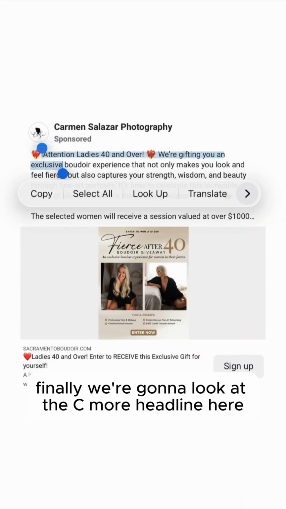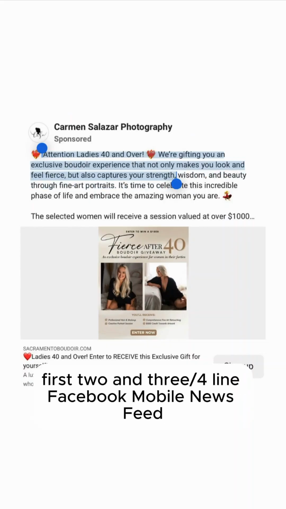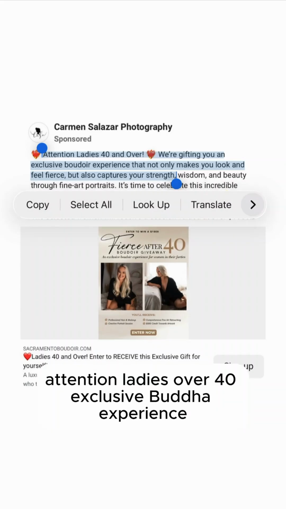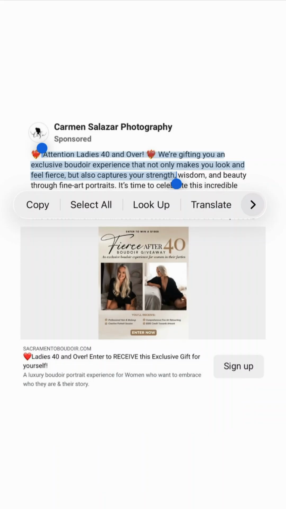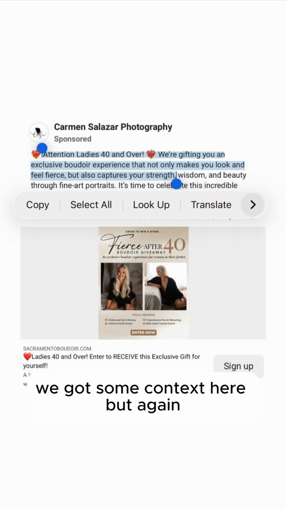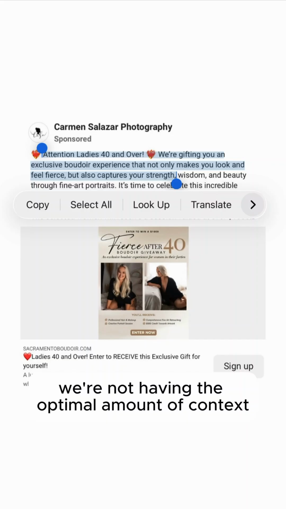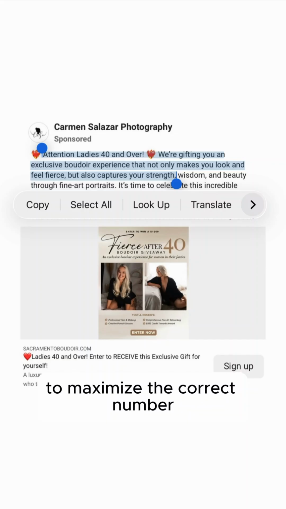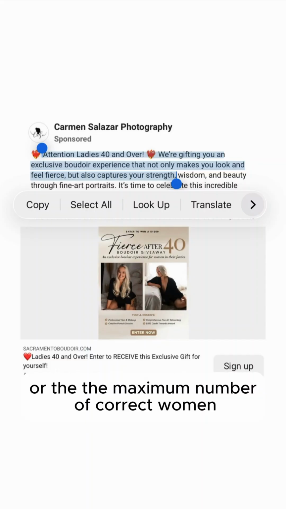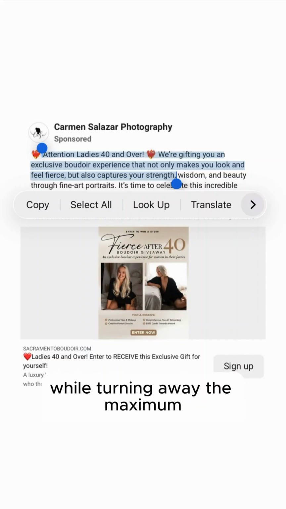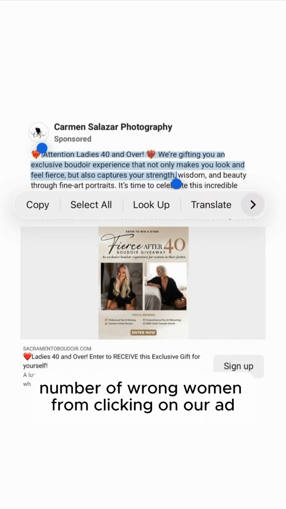Finally, we're going to look at the see more headline here, first 2 3/4 lines, Facebook mobile newsfeed. Attention ladies over 40, exclusive boudoir experience. Okay. All right, so yeah, we got some context here, but again, lack of context mistake. We're not having the optimal amount of context to attract the maximum number of correct women while turning away the maximum number of wrong women from clicking on our ad.